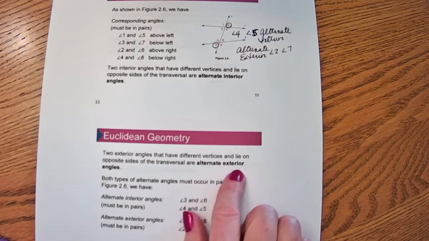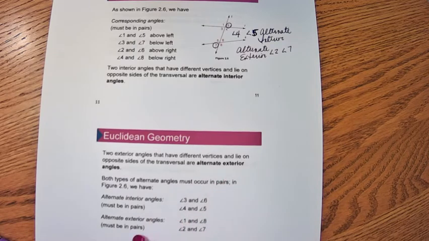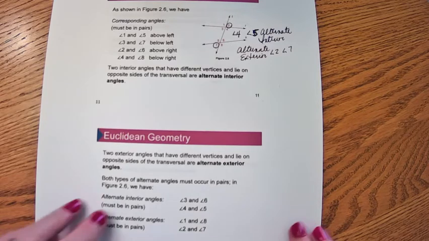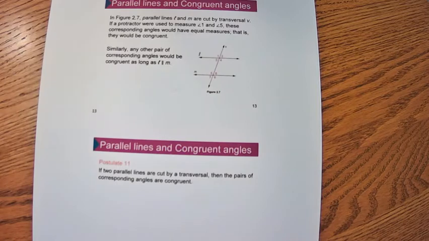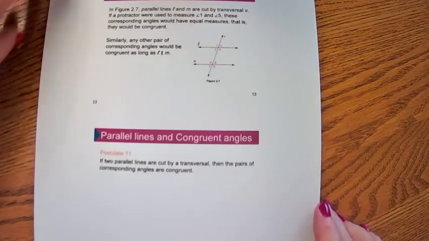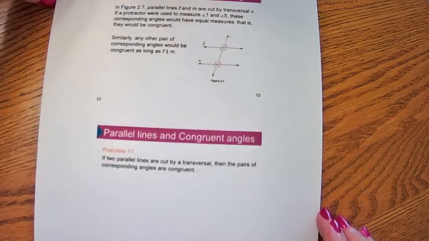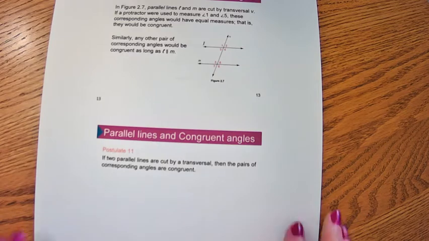So we've talked about alternate exterior angles and alternate interior angles, and those descriptions are always taken in pairs. Now what about if parallel lines are cut by a transversal? Up until now we've talked about any two lines cut by a transversal.